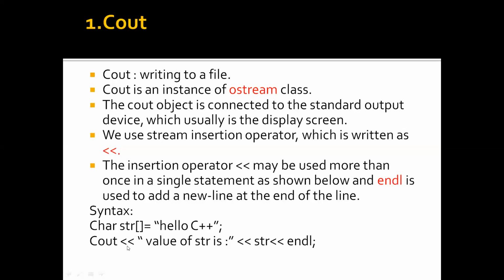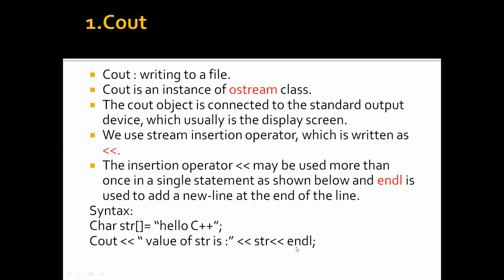This is one of the insertion operators. Here three insertion operators are used, and we can insert many more. And why do we use endl? Endl is nothing but end of the line. When we want to go to a new line, we use endl. If we don't give endl here, the next output will continue after this line. So that is the purpose of giving an endl.